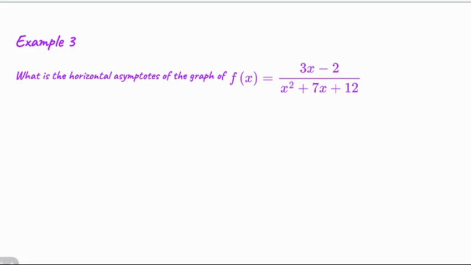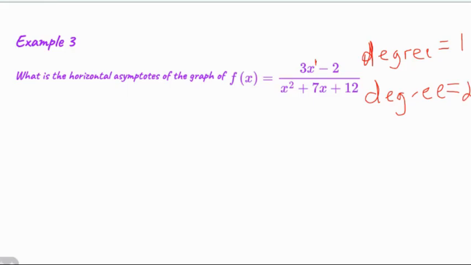Okay, so the horizontal asymptotes. We're going to look at the degree of the numerator. Well, the degree is the highest exponent, and that's an exponent of 1 right there. So the degree is 1. The degree of the denominator is 2. That's always the first two steps you have to do.